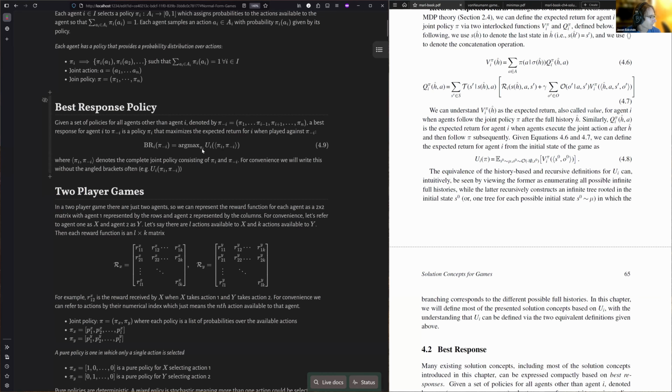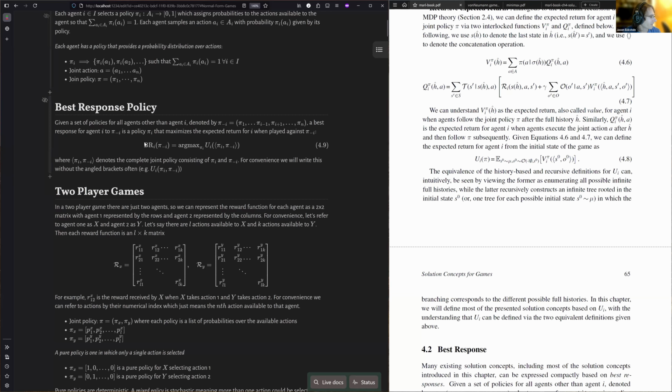This is something that can vary, right? We're taking the argmax over pi i. This pi negative i is fixed. So you can imagine just, without actually knowing how to do it efficiently, you can just look at all the different possible policies that we could select from and optimize it so that we get the highest value. But this will ultimately be a function in a space of dimension n, where n is the number of actions available to our agent i.